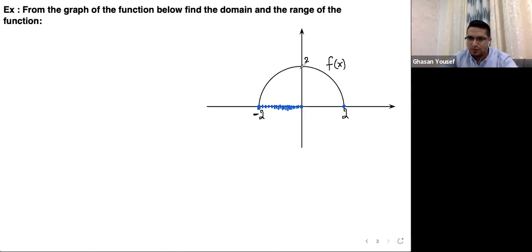It is 2, correct, Natasha. The value at 0 is the distance. If we graph a line, like I said in the previous example, we see where the line intersects the curve. This is my line, and the line intersects the curve at this point. This point is 2. So the value is 2.